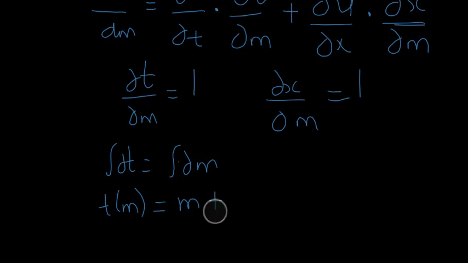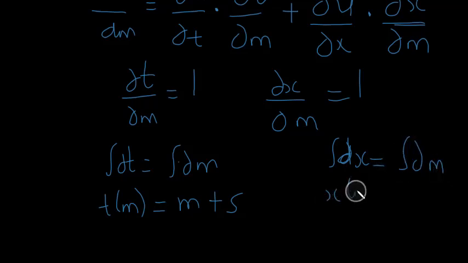So I'm going to call that arbitrary constant s, not s. It could be c, it could be anything. So I'm calling that s, right? Yes. Now I do the same thing for this too, and you realize that I have the integral of ∂x. That's going to be the integral of ∂m, right? So I have x of this m being equal to another m plus s.